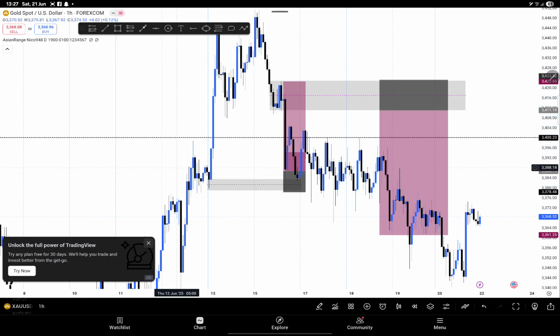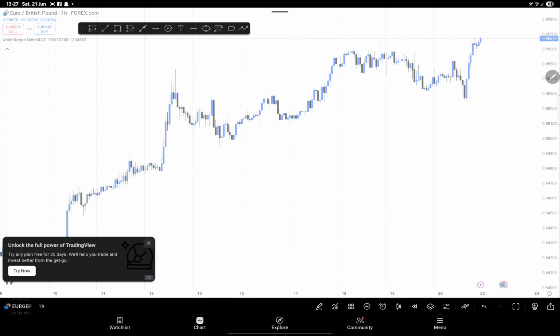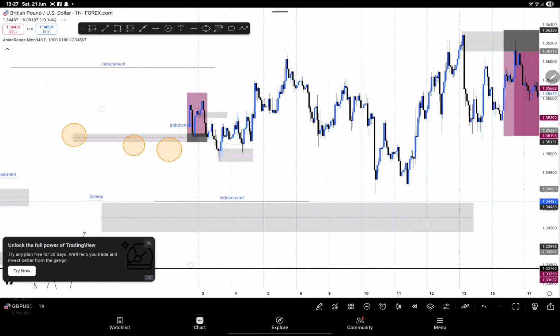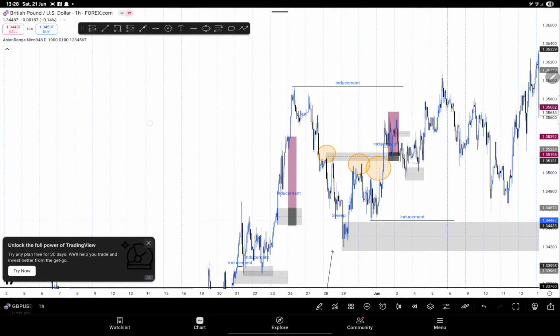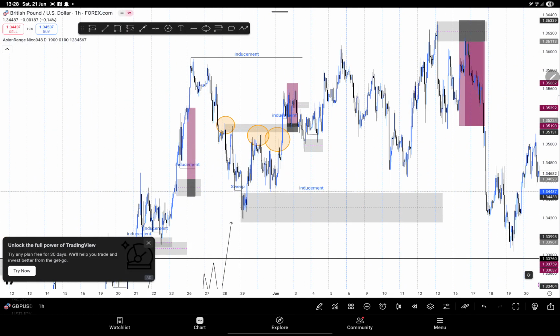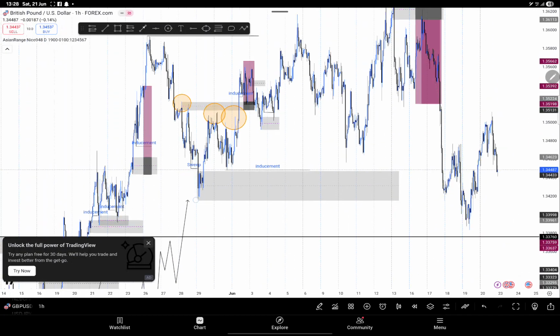The next setup we had was GBP. It was a very clean setup. I love the setup so much. The idea behind it is that price created a temporary strong high, and price needed to do a little retracement.